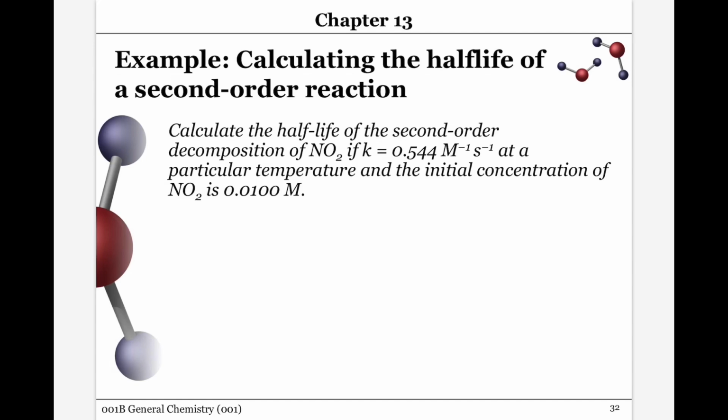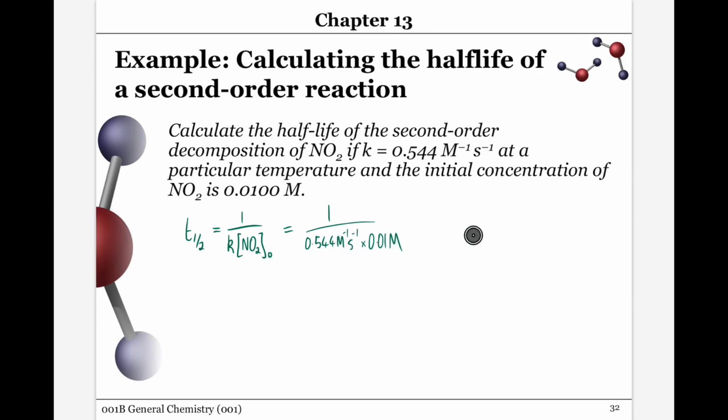We've just shown our expression for the half-life for our second order process, which was that t1/2 is equal to 1 over k multiplied by the initial concentration. In this case, we're dealing with NO2, and we have all the information given to us here in the question. So we have 1 divided by k, which is 0.544 per mole per second, multiplied by 0.01 molar.